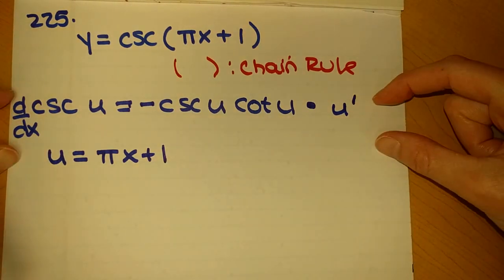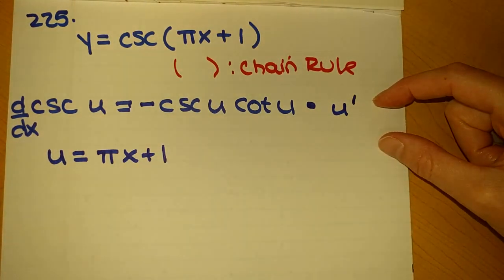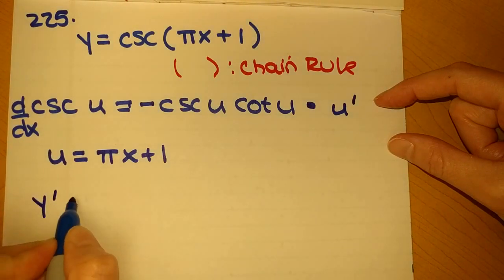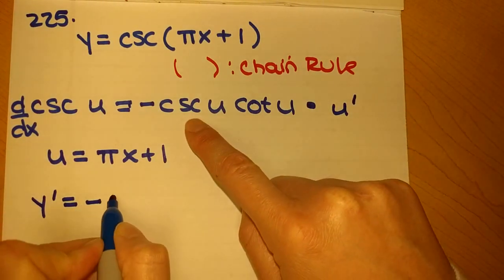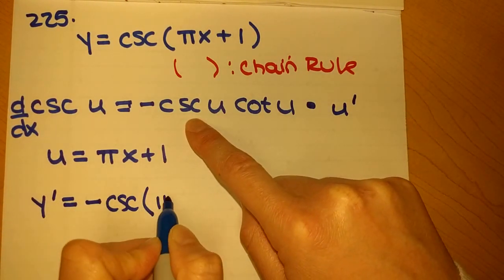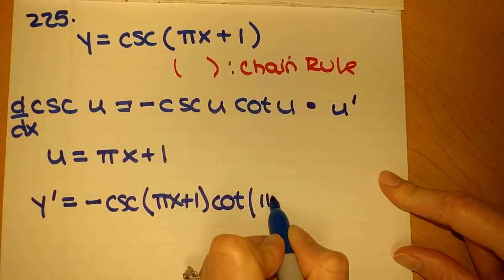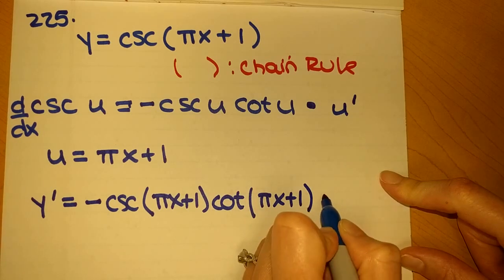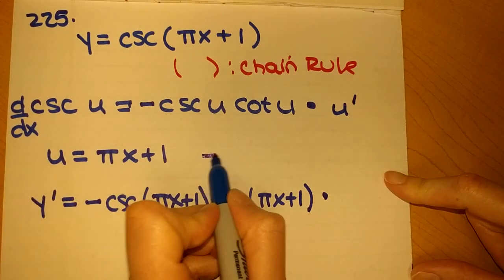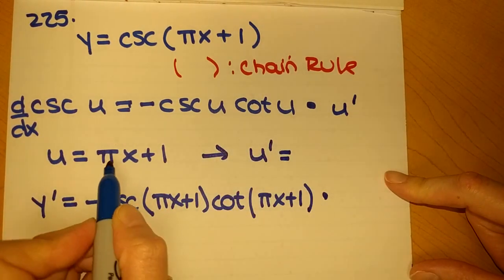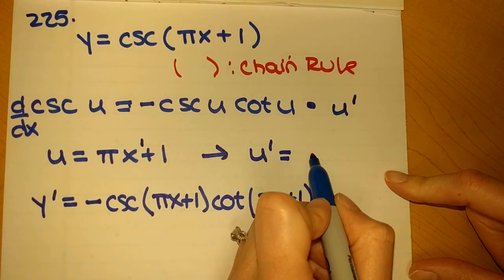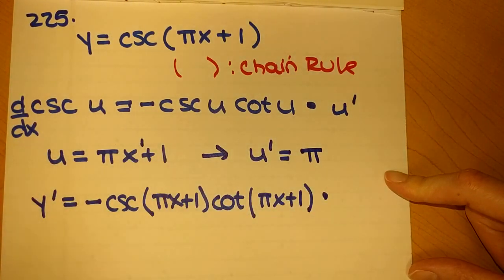So if I wanted to memorize that formula, what I would have for my derivative here would be y prime is equal to negative cosecant of u, which is pi x plus 1, cotangent of u, which is pi x plus 1, times the derivative of u. Now, the derivative of u, pi x, is a linear term, so that would just be pi. The plus 1 would go to 0, so it would be times pi.